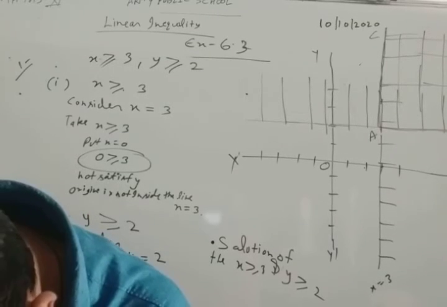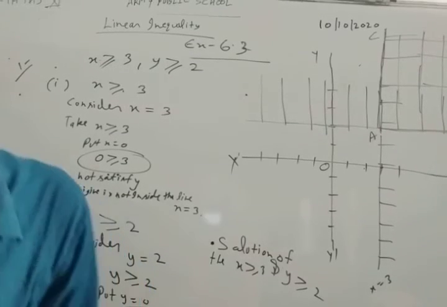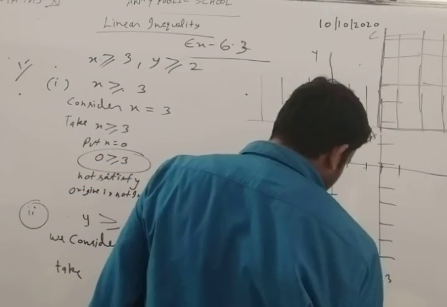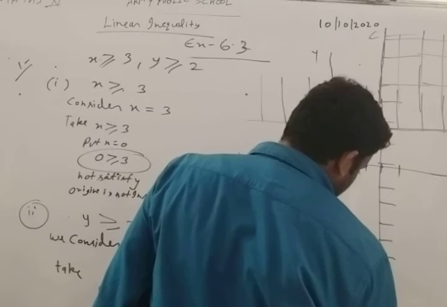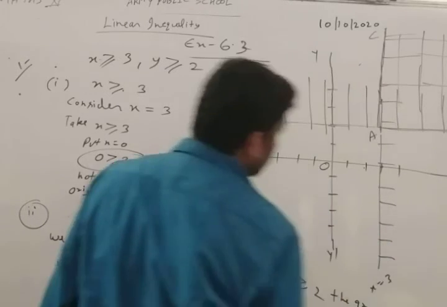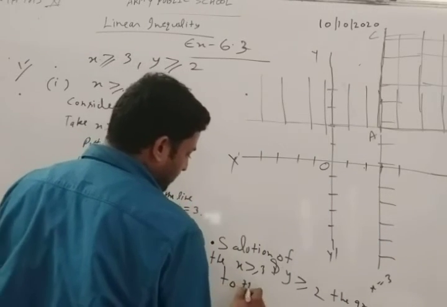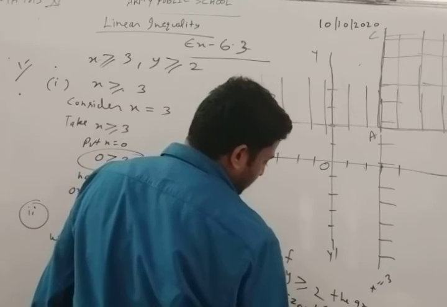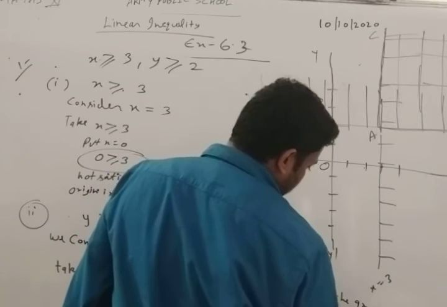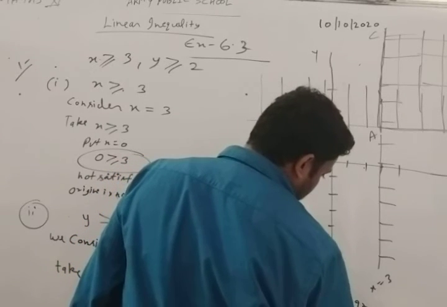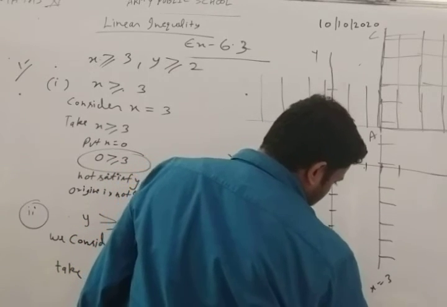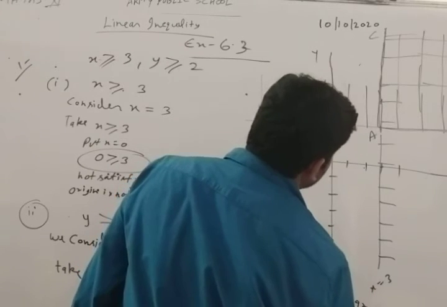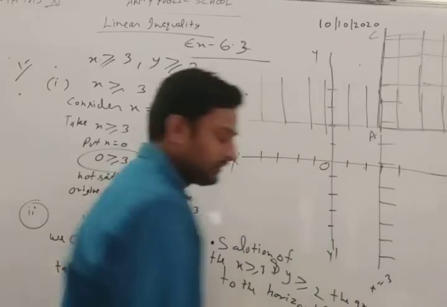Is the graph common to the horizontal line and vertical line, that is BAC.